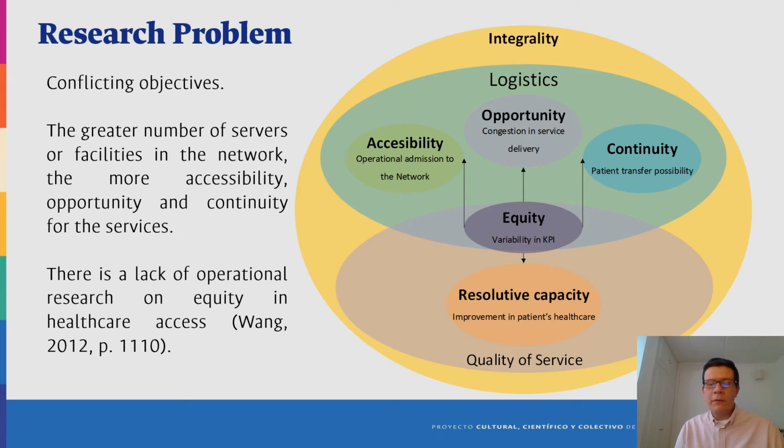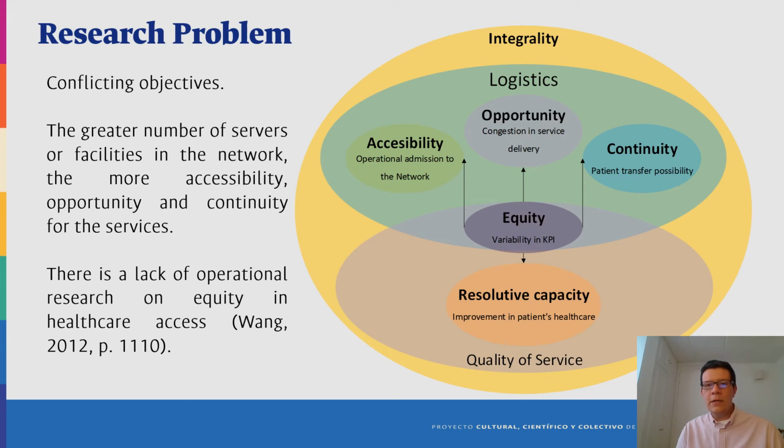Regarding the research problem, in this figure you can see that as a healthcare network, the integral healthcare network concept is composed by a logistics sphere and a quality of service sphere. Regarding the logistics one, you can see that there are four main topics or four main criteria: accessibility, the opportunity, the continuity, and the equity.